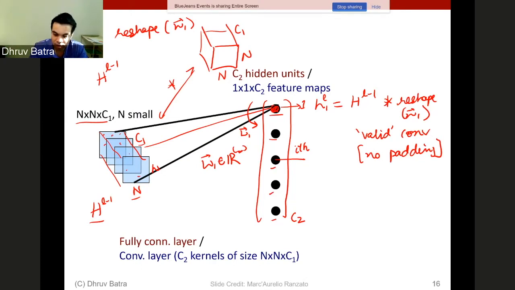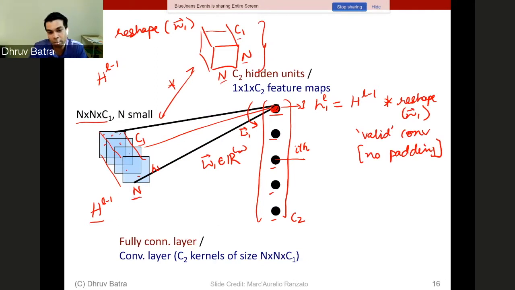So clearly, we can express this fully connected layer as a convolutional layer composed of these convolution filters. They are n by C1 sized filters, so it's a filter of the same size as the input coming in.